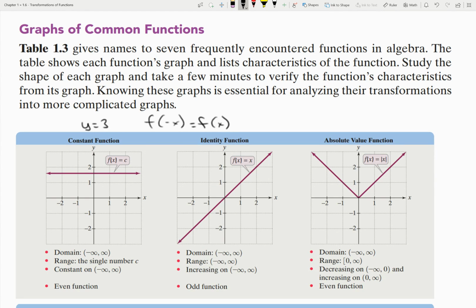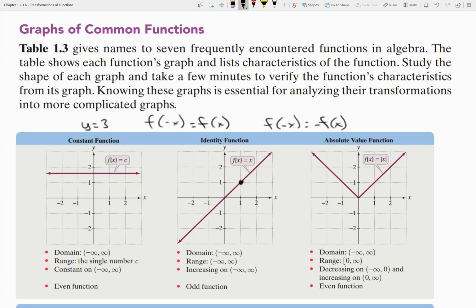The next function is my identity function, or the parent linear function. Okay, and this function, domain all real numbers, range all real numbers, is always increasing. This function is odd, which means that f of negative x is going to equal negative f of x. This also means that it is symmetric about the origin. So that means that any point on this graph also has the opposite point on this graph.